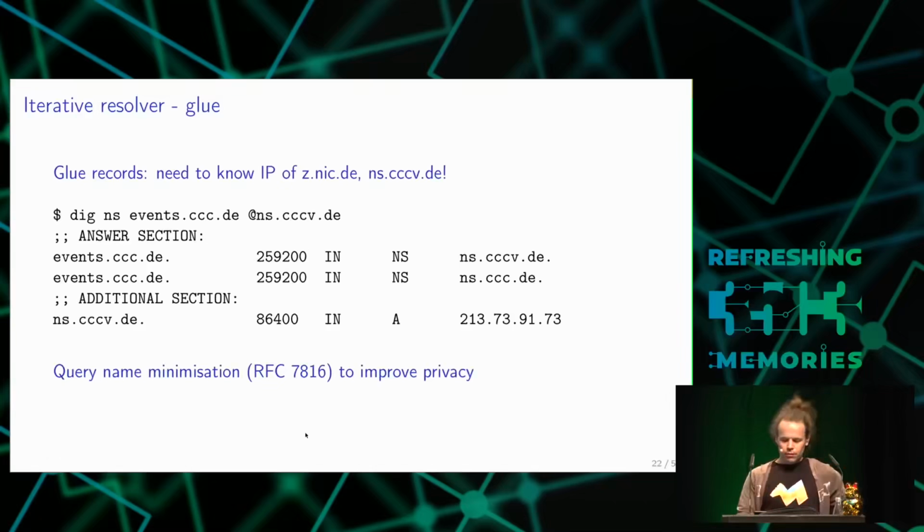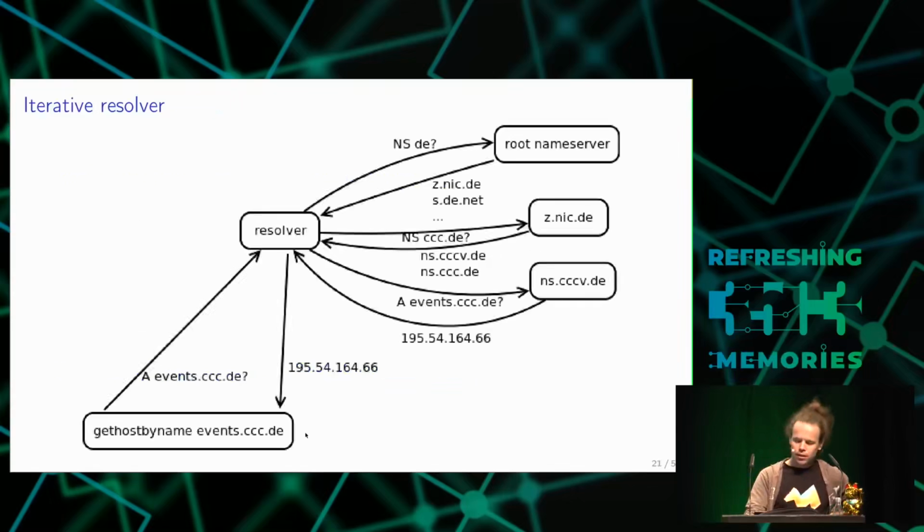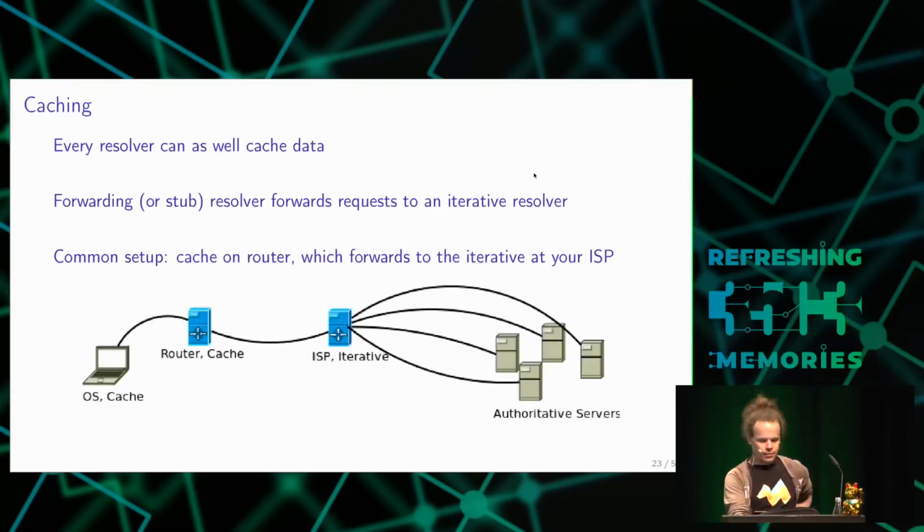This is a privacy feature which was standardized in 2016 and is nowadays deployed by at least some resolvers, but not by all. Otherwise you leak to the root server which host you are interested in.